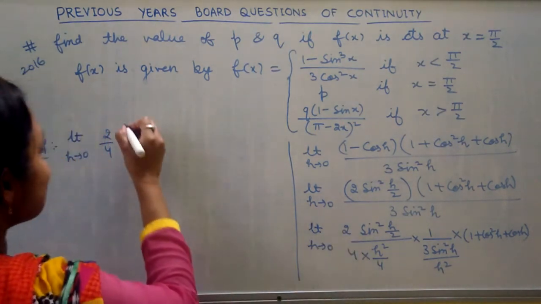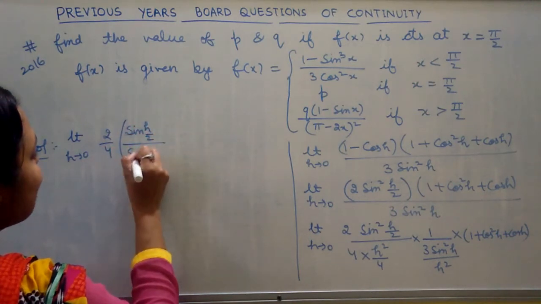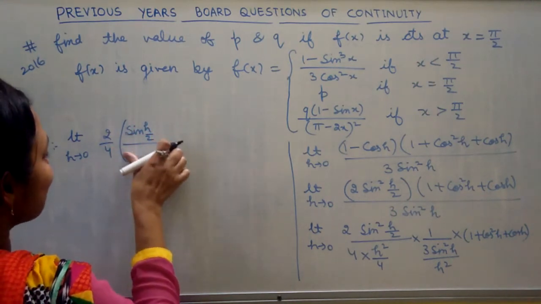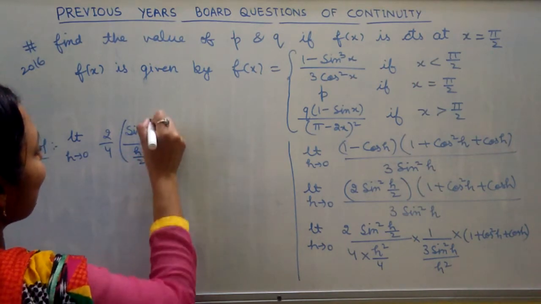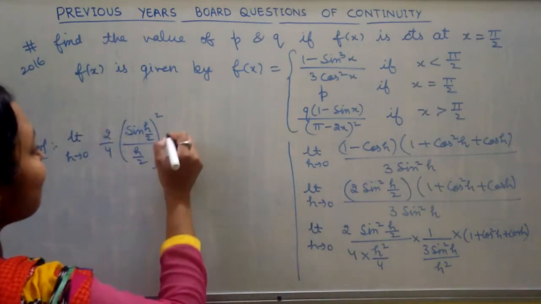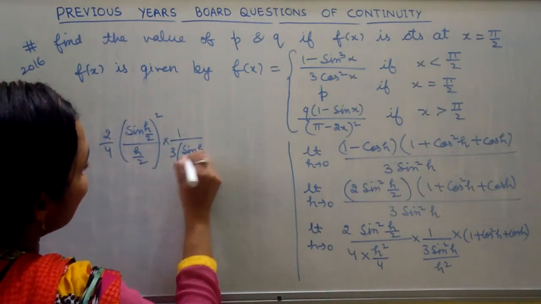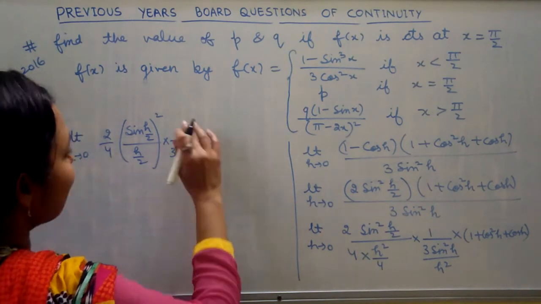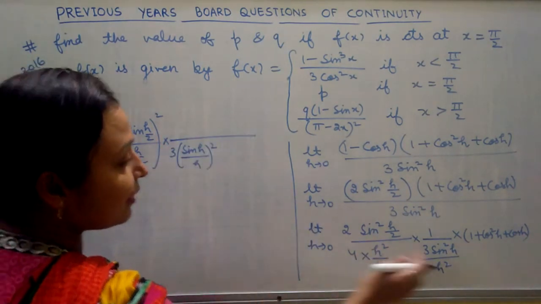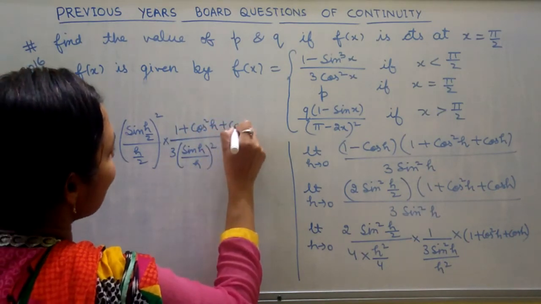I will take it as sine h by 2 upon h by 2, whole square. Okay, in the next step, I will take 1 upon 3, sine h upon h whole square. And in the numerator, I will write 1 plus cos square h plus cos h.